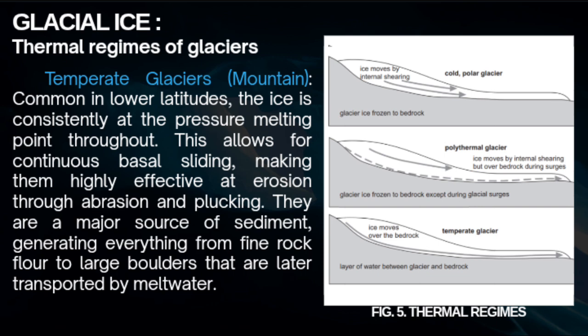They are the major source of sediment, generating everything from fine rock flour to large boulders that are later transported by meltwater. The type and size of glaciers are directly related to the local climate and topography, making them valuable indicators of environmental conditions.